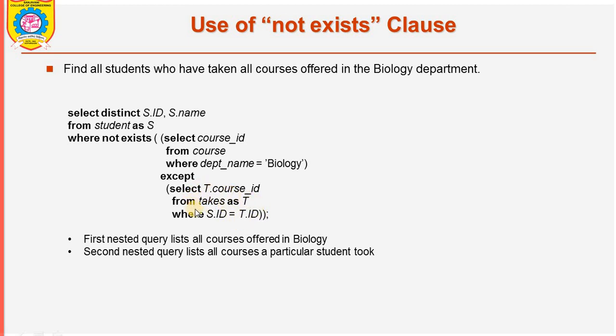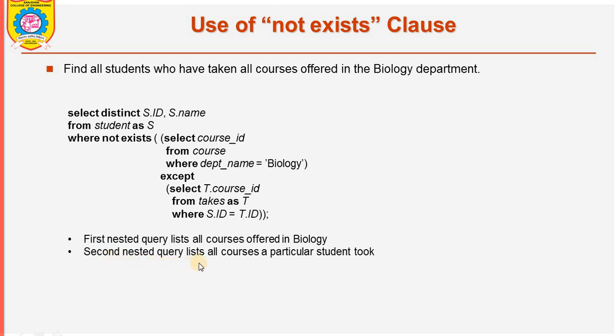If it matches, that means that particular student took the biology courses and we want to display that on the screen. Hence if it is not exists here, then it will return true and that particular student will be displayed as output. Here we are subtracting the first query minus the second query.